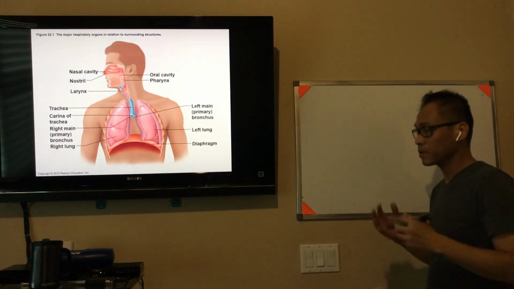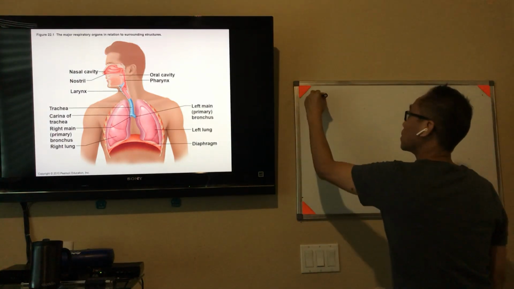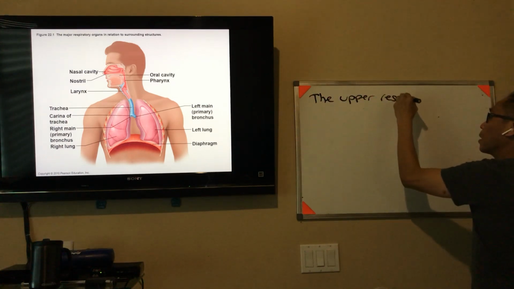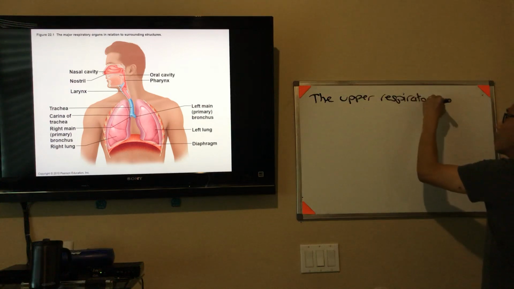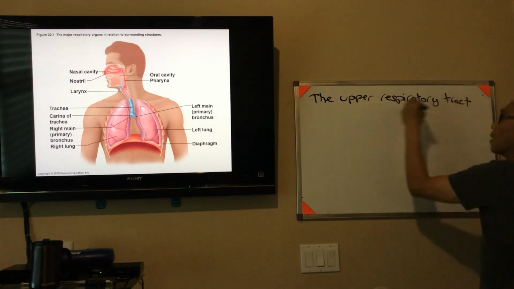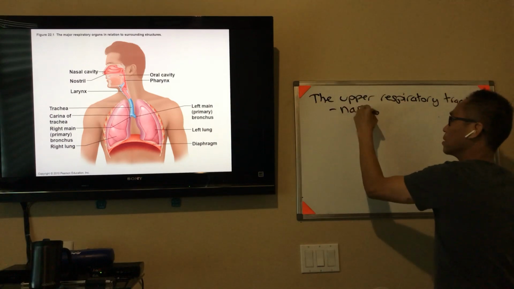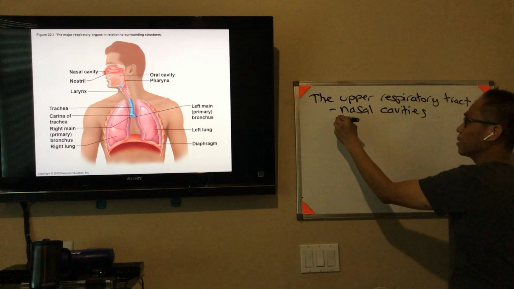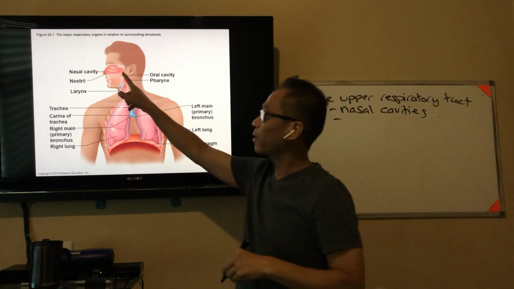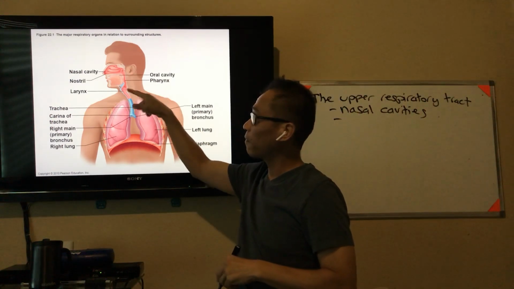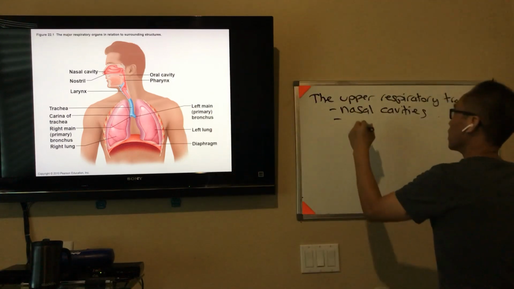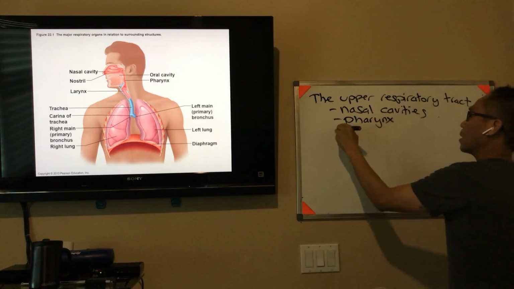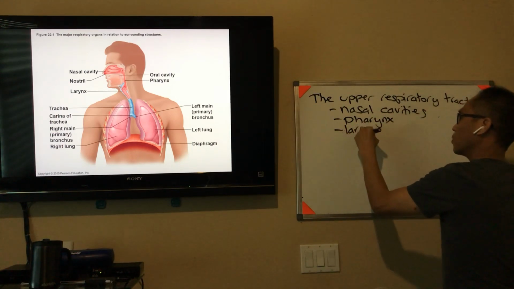The upper respiratory tract includes nasal cavities, starting right here, going to the pharynx and then the larynx, which is your voice box.